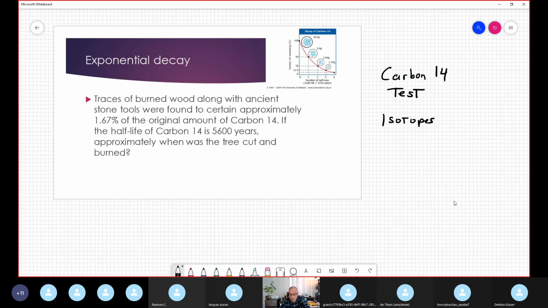So this is the atom, and the atom disintegrates into different particles, and the amount of carbon-14 decreases during the time. Now, this problem is exponential decay. It's exponential decay because the exponential is decreasing. And the formula is the same.